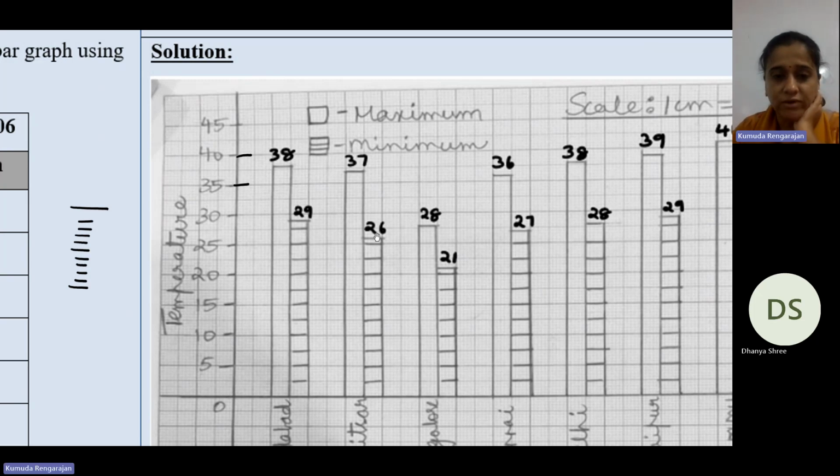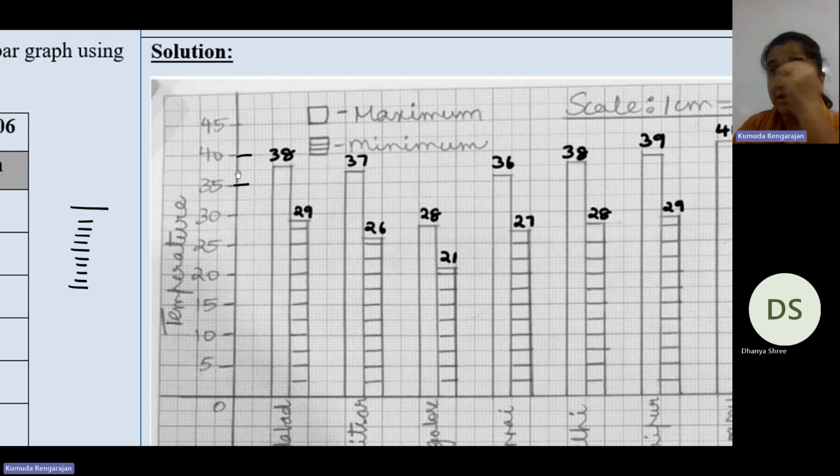Similarly, 26. Where will you find 26? This is 25. Above that is not 26. Above that is 25.5, and the one above that is 26. Where is 39? It's not below 40.